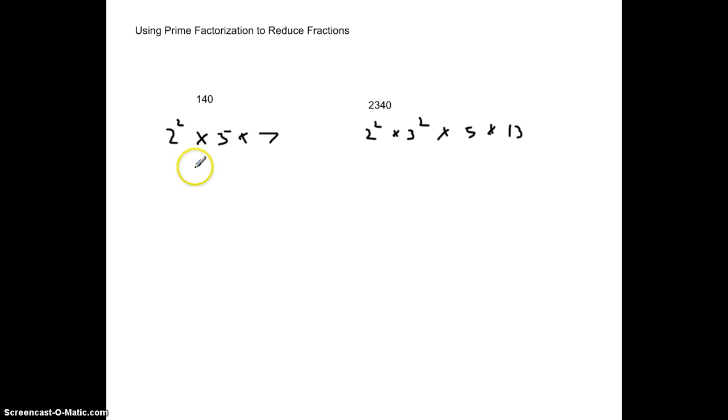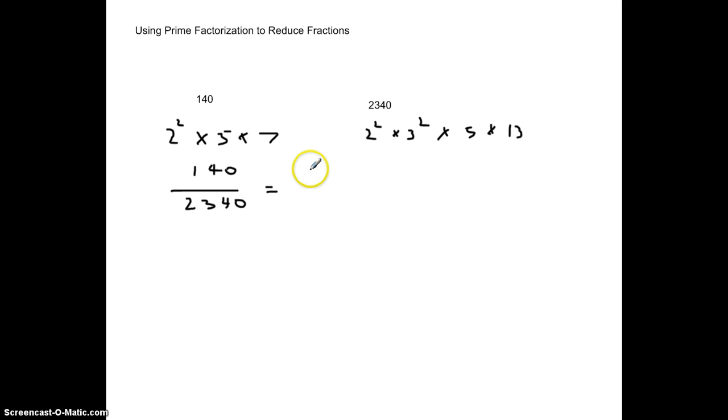So if we had a fraction 140 over 2,340, we could use the prime factorization to help us reduce this fraction to lowest terms.